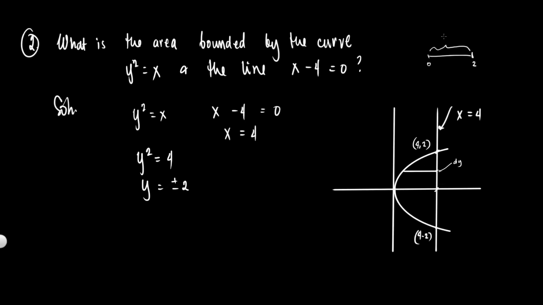Diba? Para makuha natin yung value ng length na yan, let's say x, we have 2 minus 0. So, dito sa ating differential area, itong strip na to, we need the equation from this point here and dito, equation dito. So, meron tayong x right and x left. Ito yung right, ito yung left.